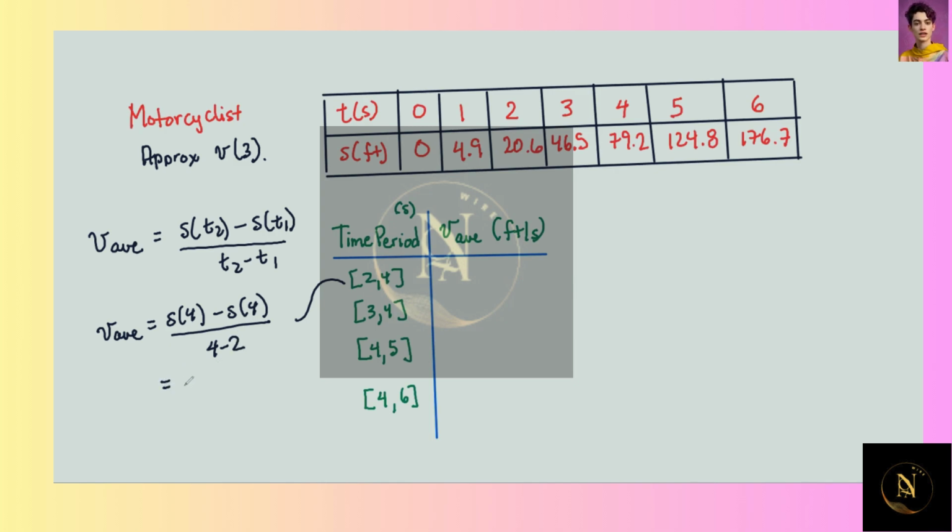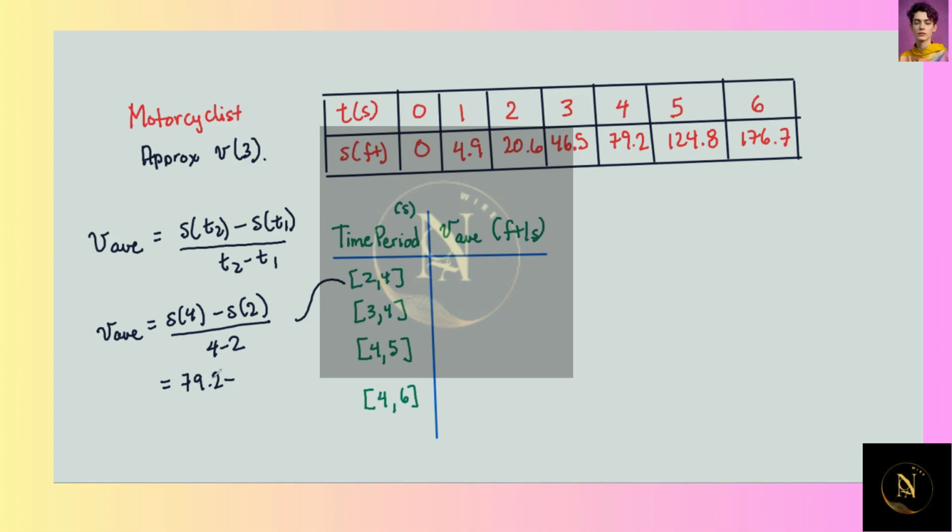So let's first use the data and then we can plug into our calculator. Okay, so S of 4 is 79.2 minus S of 2. It's a delta position over a delta time.